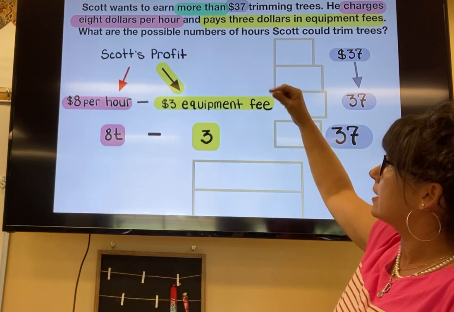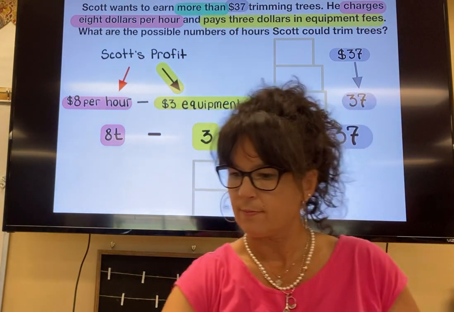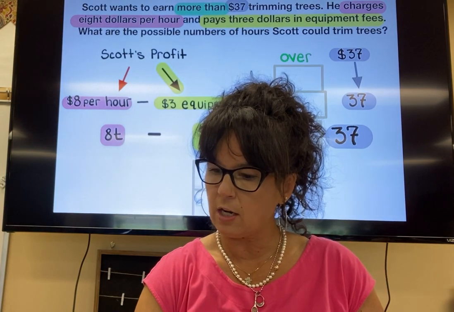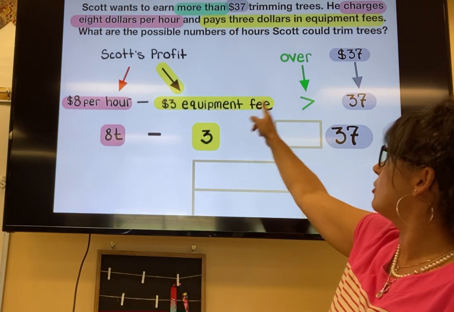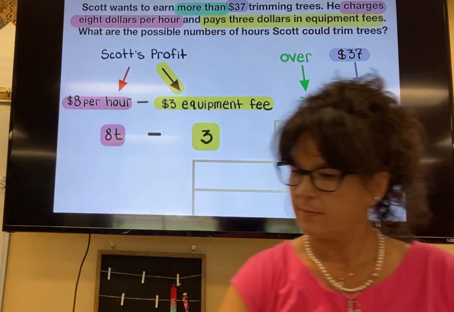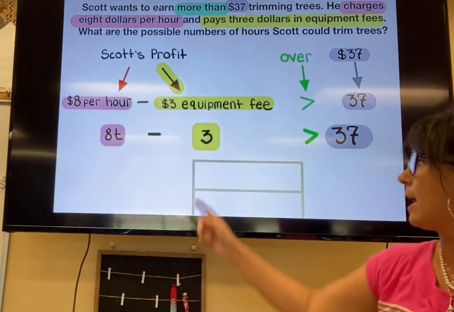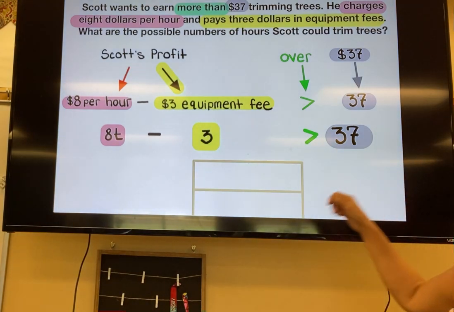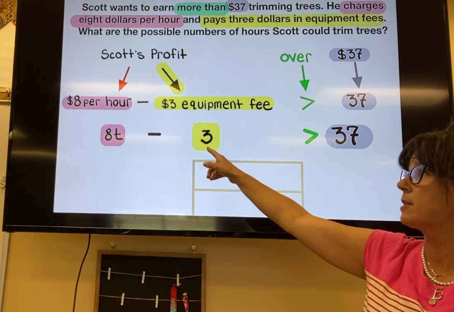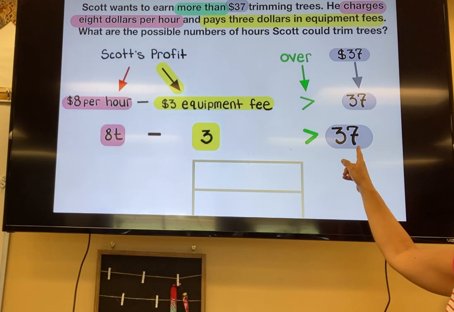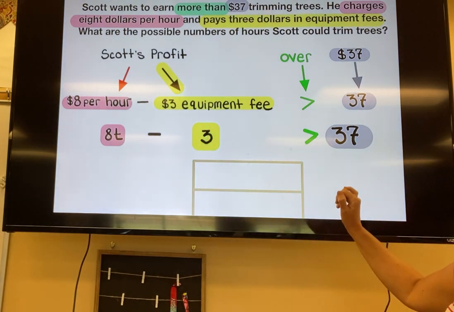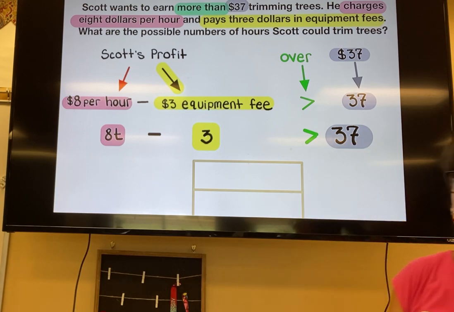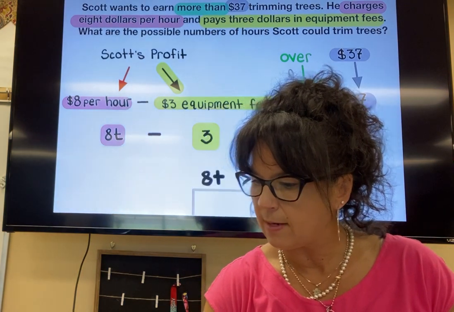So we want the alligator to go this way. Okay, so it's got to be greater than. So now that we have our inequality set up, to finish solving it, I'm going to get rid of subtract 3 by adding 3. So I'm going to have 8t on the left, bring down the greater than symbol, and 37 plus 3 is 40.